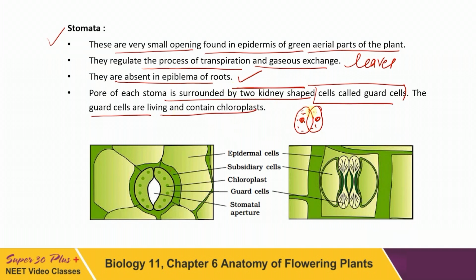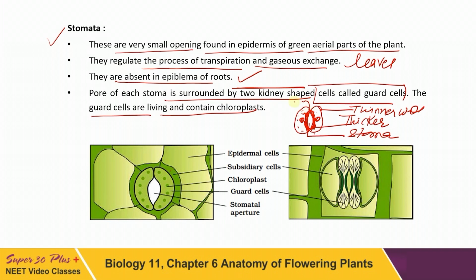Their inner wall is the thicker one, and the outer wall is the thinner wall. So these cells are known as guard cells. In dicot, these are kidney shaped, and the space in between the guard cells is known as the stoma.